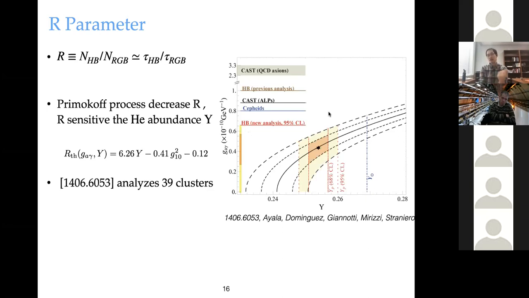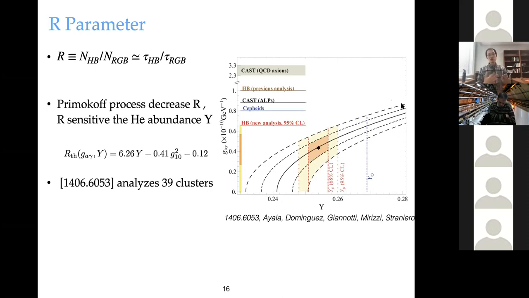But if you put this value, normally for the axion, you do see positive evidence of the axions. Some cooling is needed to explain this. But if you are more conservative, they can give constraints. And you see the solid line is their central value, and one dotted line is 1 sigma, and two dotted lines is 2 sigma.